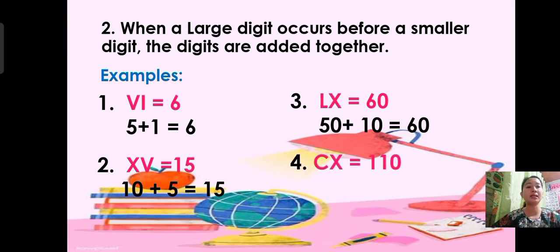For our last example, Roman numeral C and X, its value is 110. We also add it together because the value of C is 100, which is a larger digit before the smaller, which is the value of X, 10. So, we add it together to get 110.